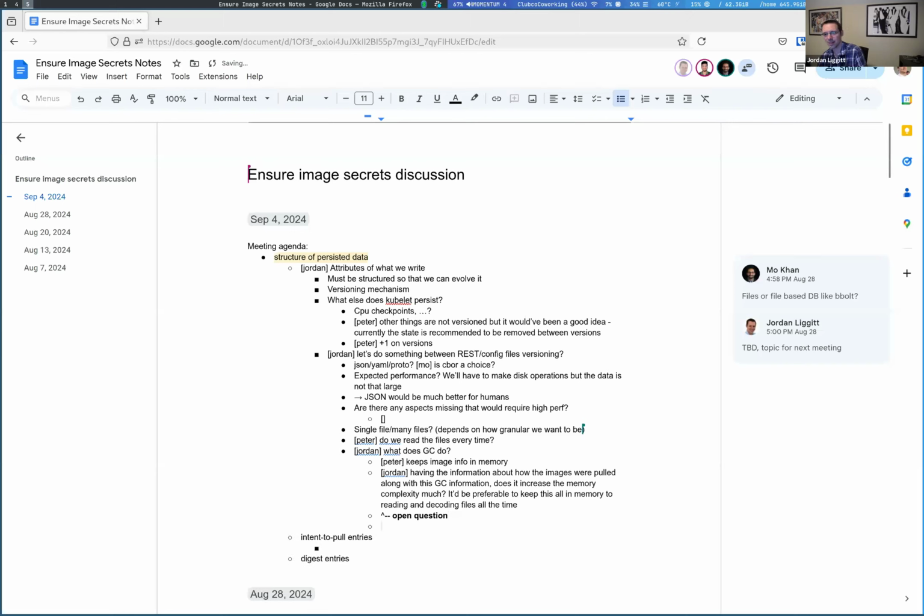I think it's reasonable for the kubelet to assume it's the only one manipulating the bookkeeping, so I'm not worried about something else coming in parallel and changing files. I think that's out of scope. So we can handle this with an interface and have an implementation that doesn't cache at all, one that reads from disk all the time, and one that uses a cache. We can put it behind an interface and decide what to do later.